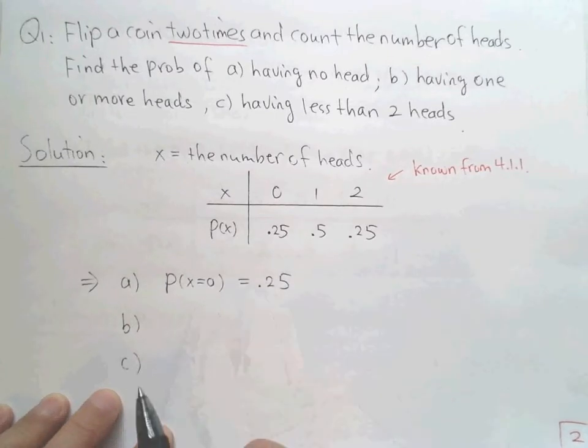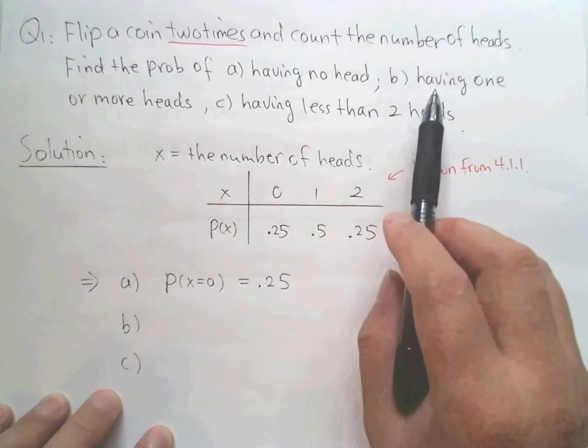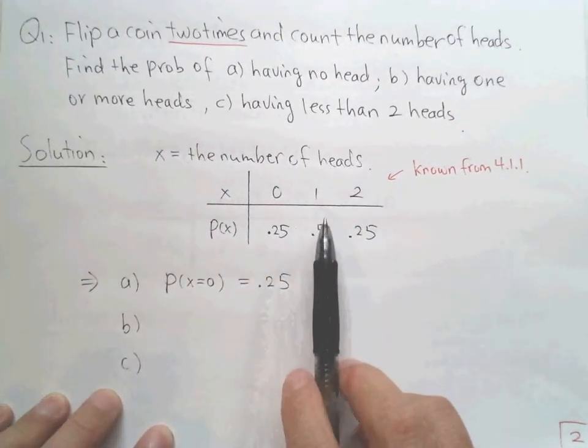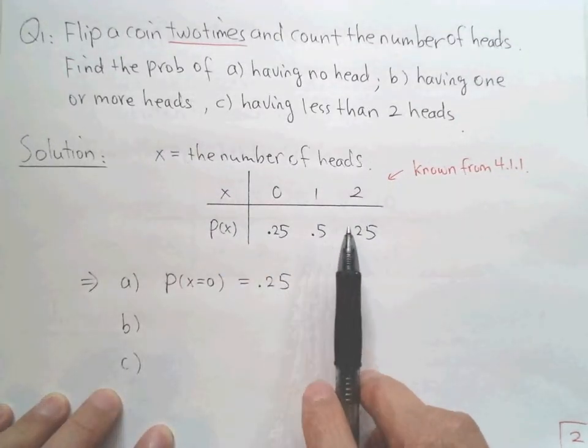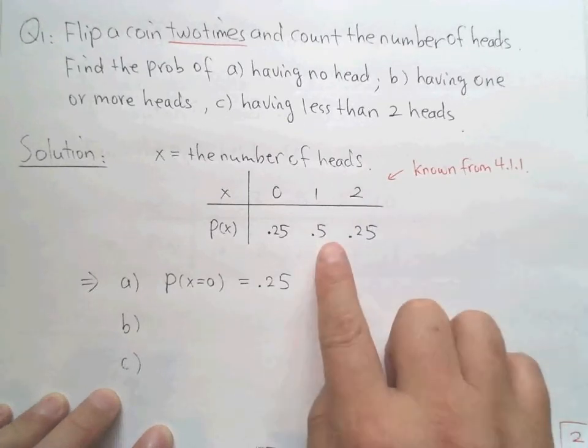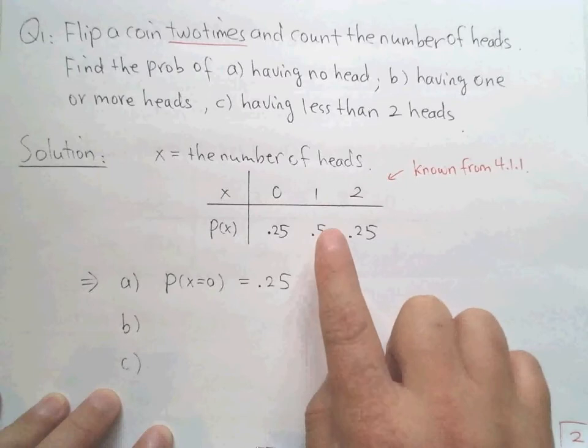The second, having one or more heads. What does it mean? Having 1, or more than 1; having 2 is also more than 1. So this time they ask for the chance to get 1 or 2.